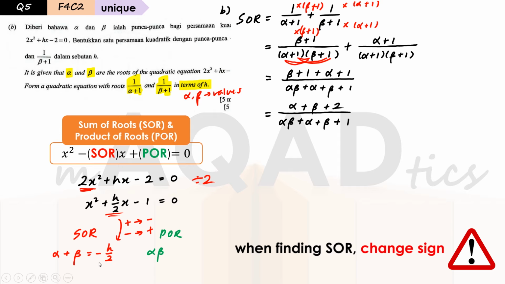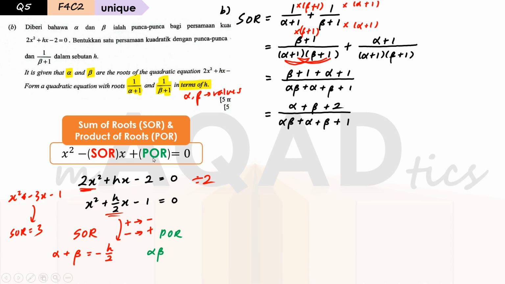Another example. Let's say the equation is x squared minus 3x minus 1. If you want to find out the SOR, it would be 3. From negative, we change to positive. Here from positive, we change it to negative. For the POR, it would be the value that does not have x, which is actually negative 1.